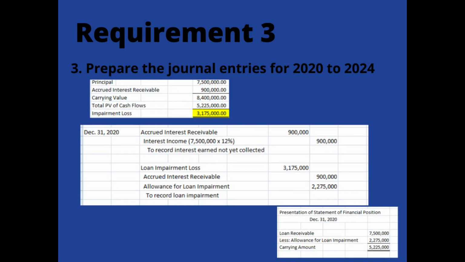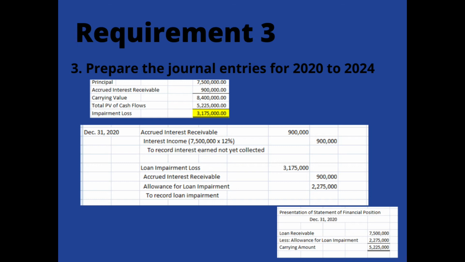There will be journal entries for 2020, which are to record the interest earned but not yet collected: debit accrued interest receivable, and credit interest income, amounting to 900,000. Then record the loan impairment: debit loan impairment loss, amounting to 3,175,000, and credit accrued interest receivable and allowance for loan impairment, amounting to 900,000 and 2,275,000 respectively.